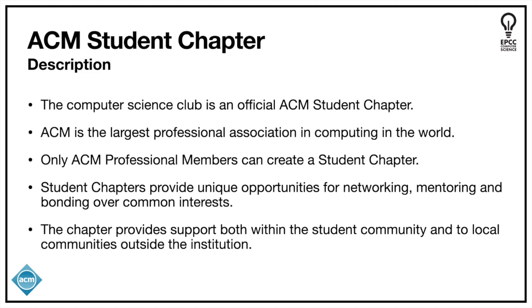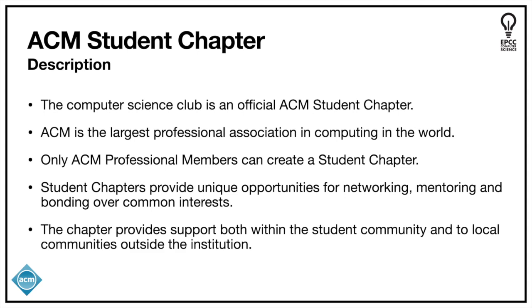The ACM is the largest professional association in computing in the world. Only ACM professional members can create and advise a student chapter. This chapter provides unique opportunities for networking, mentoring, and bonding over common interests across the computing disciplines. This awesome club is one of the most successful student chapters in the region.